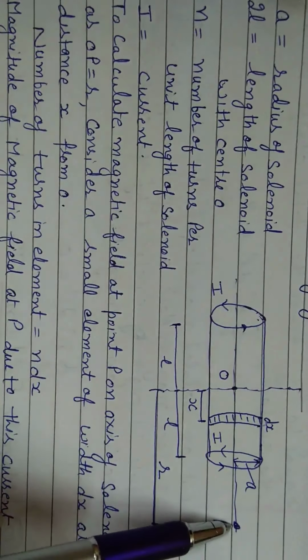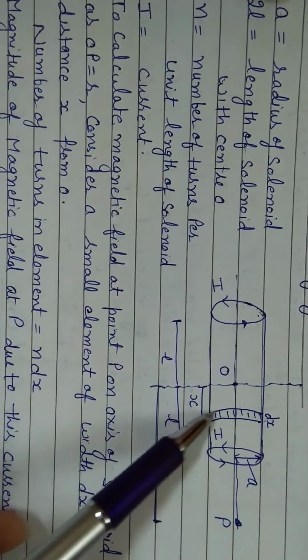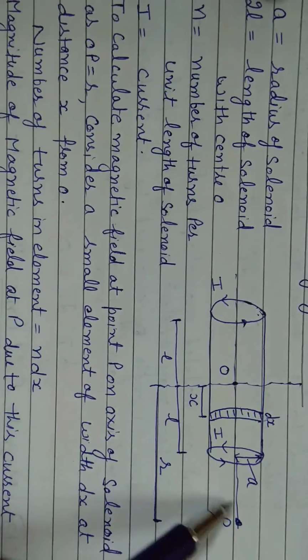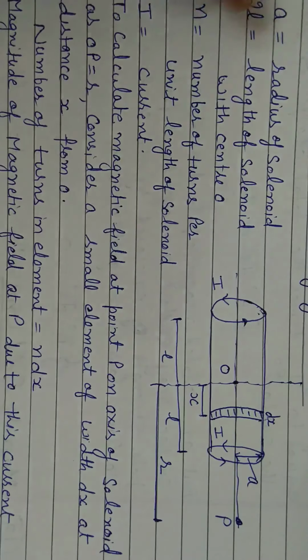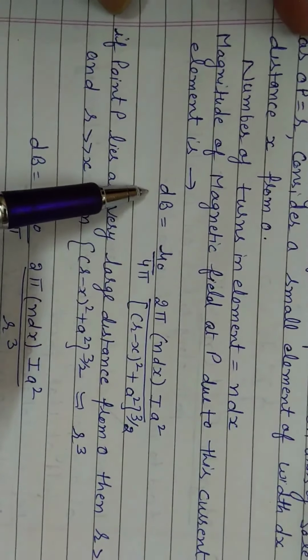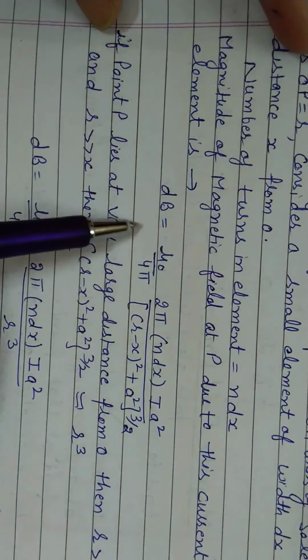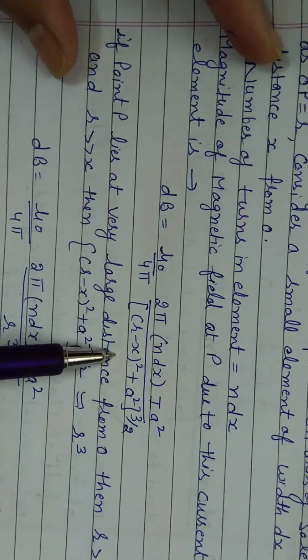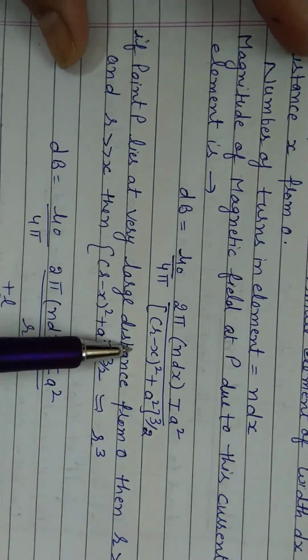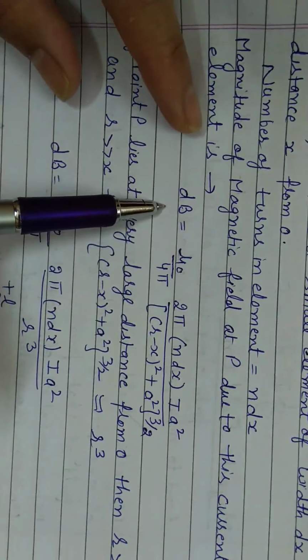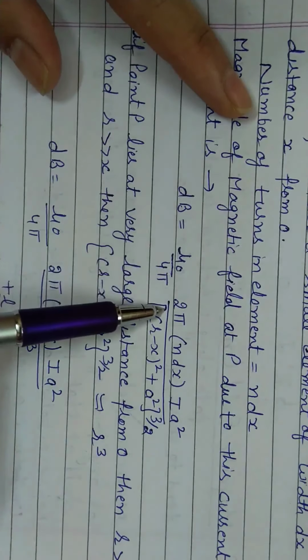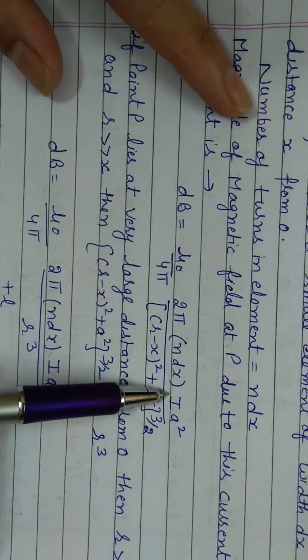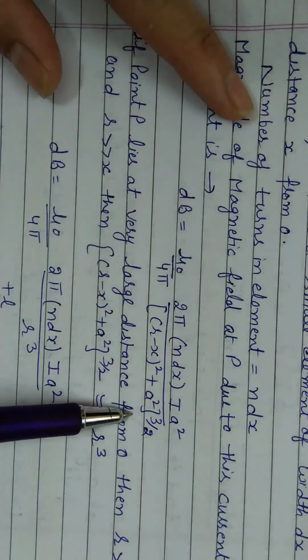Now this observation point is on the axis of this small element, and from the Biot-Savart law we have the formula for the magnetic field on the axis of a current loop. We directly apply it: due to the small element, the magnetic field is mu naught upon 4 pi, 2 pi times number of turns times current, and so on.